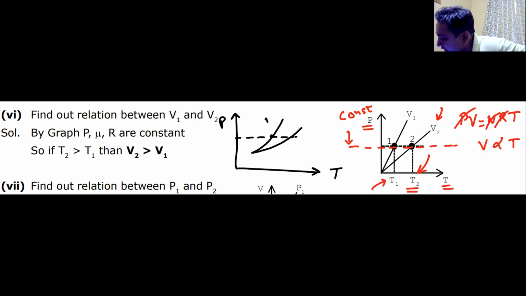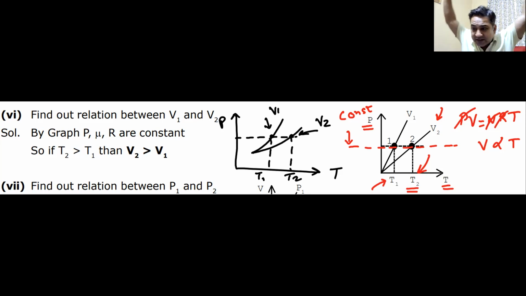The volume here is V1 and the volume here is V2. Now can you tell me at these 2 points which volume is more? V1 or V2? V2 will be more because at constant pressure, this is at a higher temperature and this is at a lower temperature. Do we understand this?